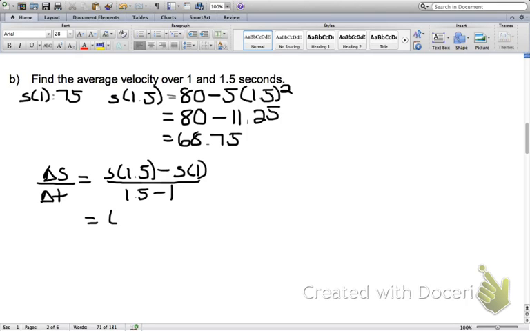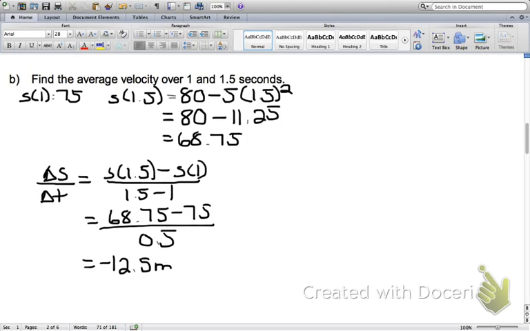So that will be equal to 68.75 minus 75 all over 0.5, which is equal to negative 12.5 meters per second.